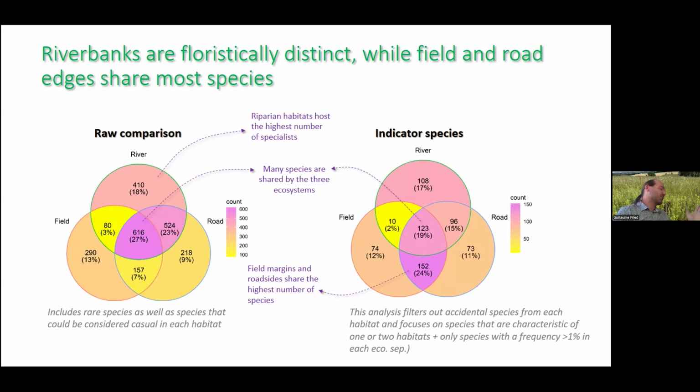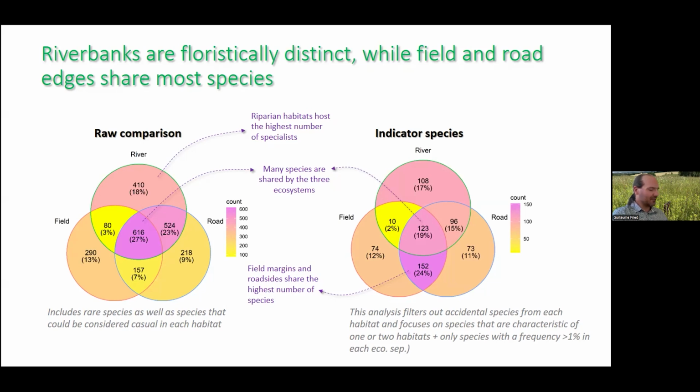There are several points in common. The first is that riparian habitats host the highest number of specialists. So it's probably the ecosystem with the most specific species not found in the two other habitats.